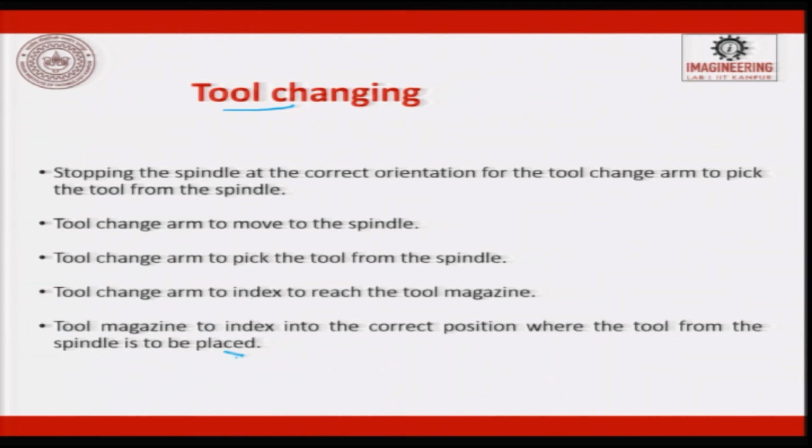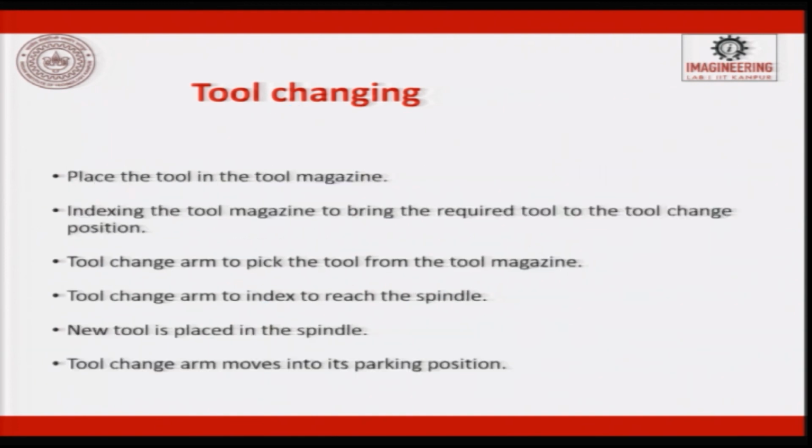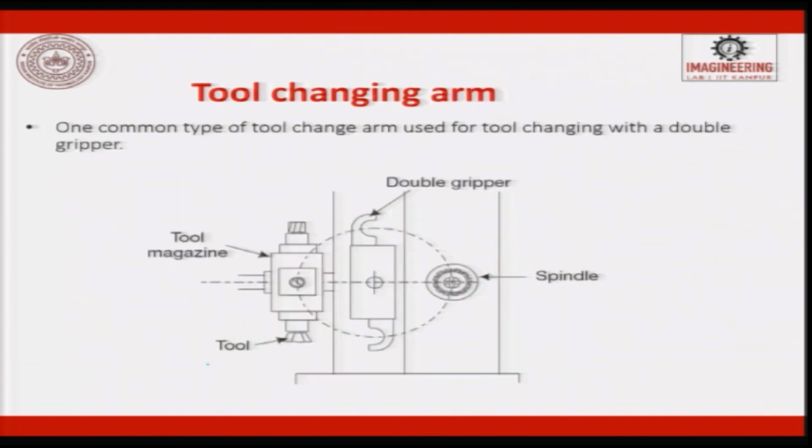So, removing it from the spindle and placing it at the exact location, the chain indexes and comes to that point. Place the tool in the tool magazine, index the magazine to bring the required tool to the tool changing position, the tool changing arm picks the tool from the magazine, indexes to reach the spindle, a new tool is placed in the spindle, and the tool changing arm moves into the parking position.